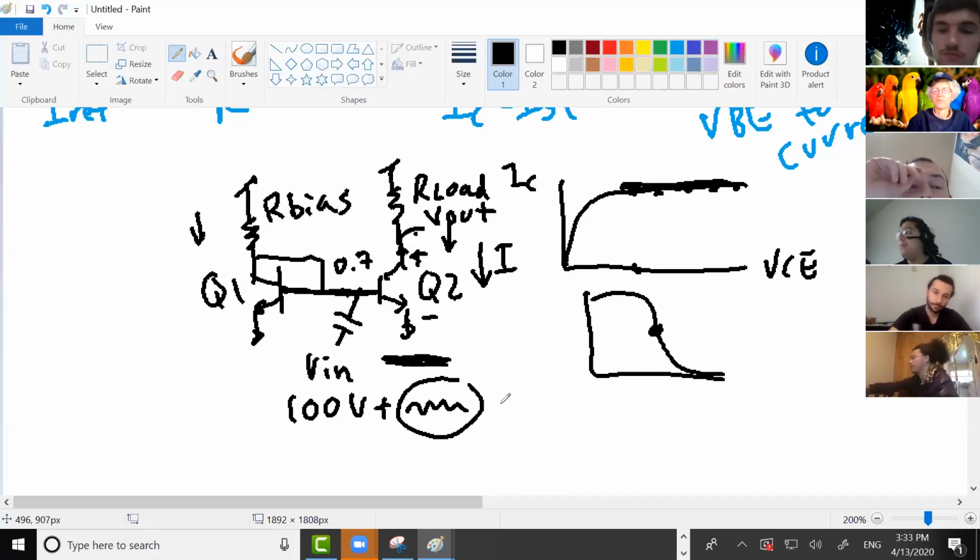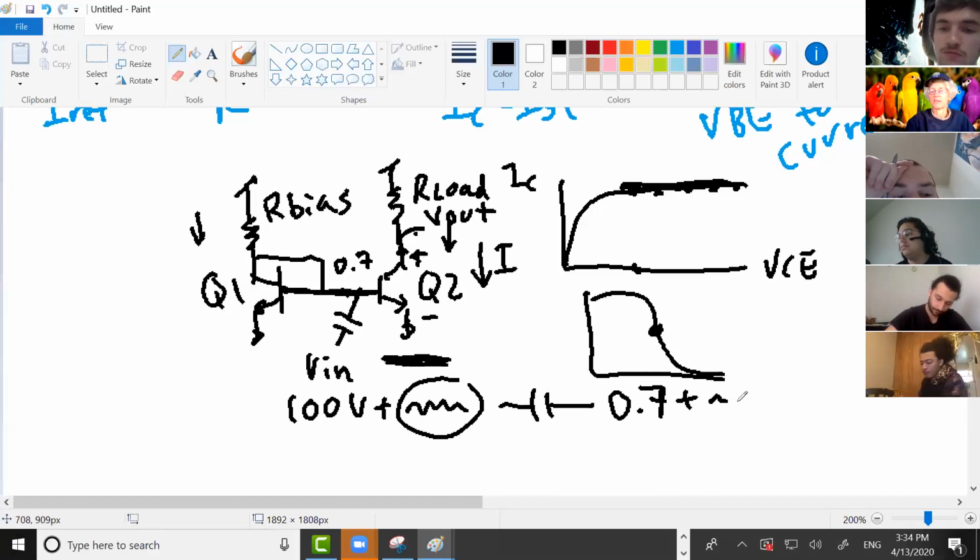So when it goes through the capacitor, what you'll get is whatever voltage this side is setting, this 0.7, plus this. So now you'll be sitting here and that signal coming through will move you up and down a little bit. That's going to be the secret in next week.